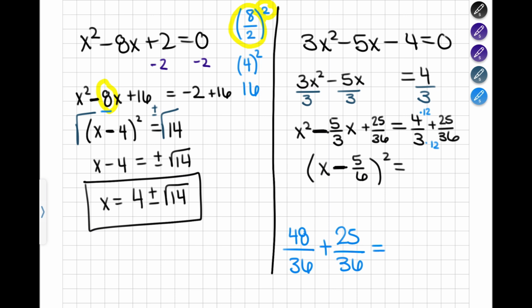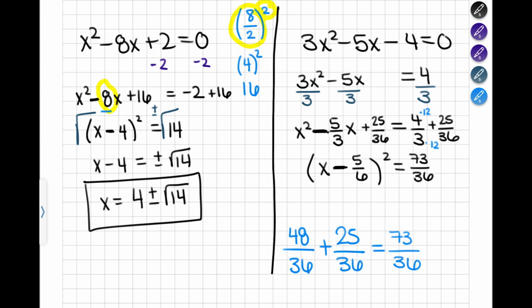And now that I have the same denominator, I can add the numerators. 48 plus 25, what is that? 73. And then the denominator stays 36. Okay, so 73 over 36.